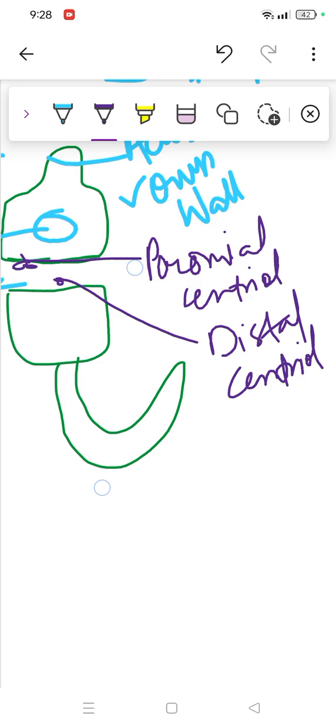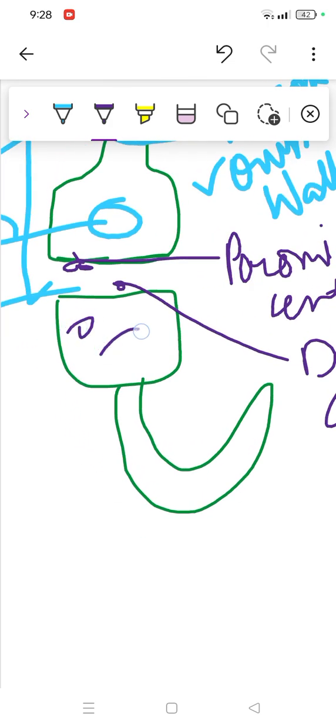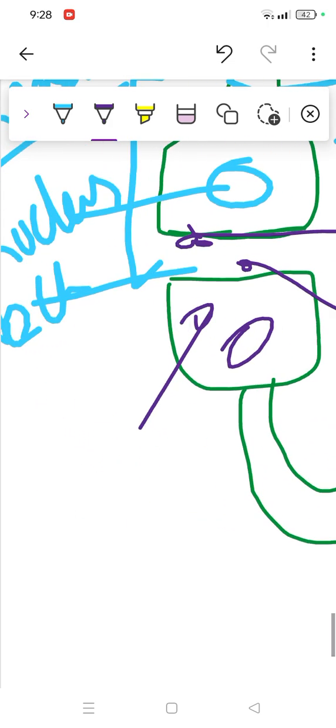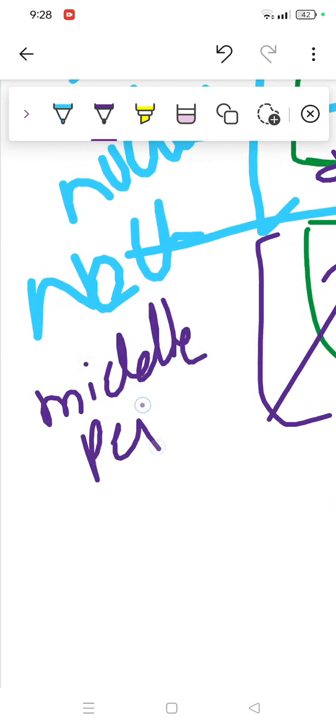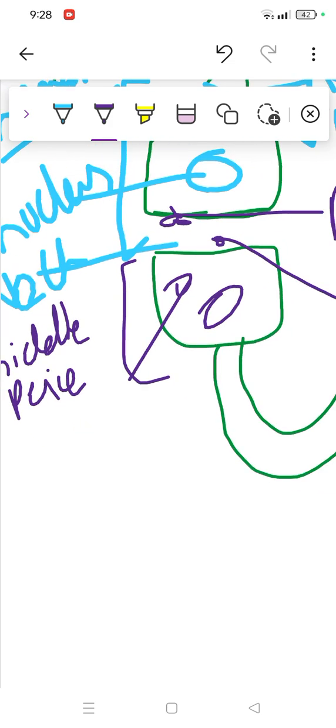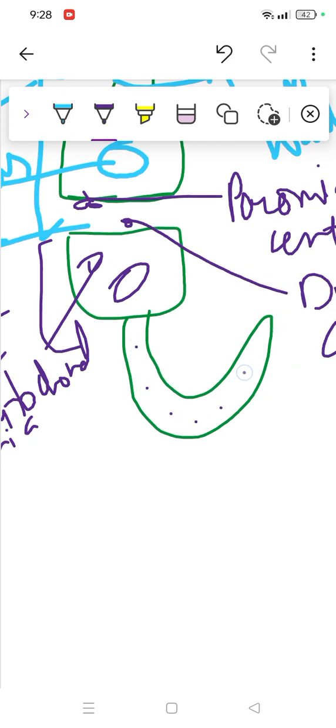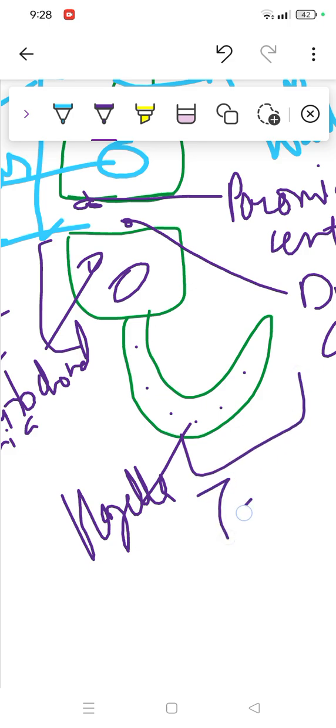And what you'll see more here is another structure like mitochondria. This is called the middle piece. Here you will see mitochondria, which provide energy. Here you will see flagella, which help in movement, and this region is called the tail region.